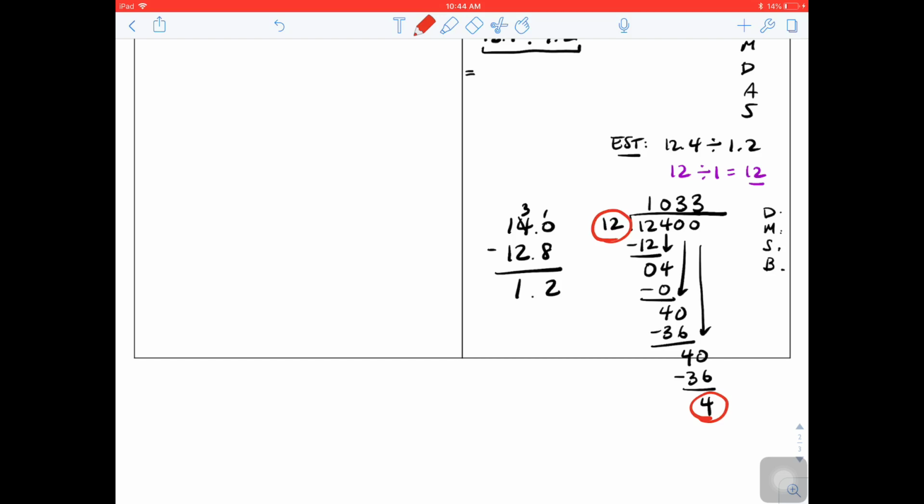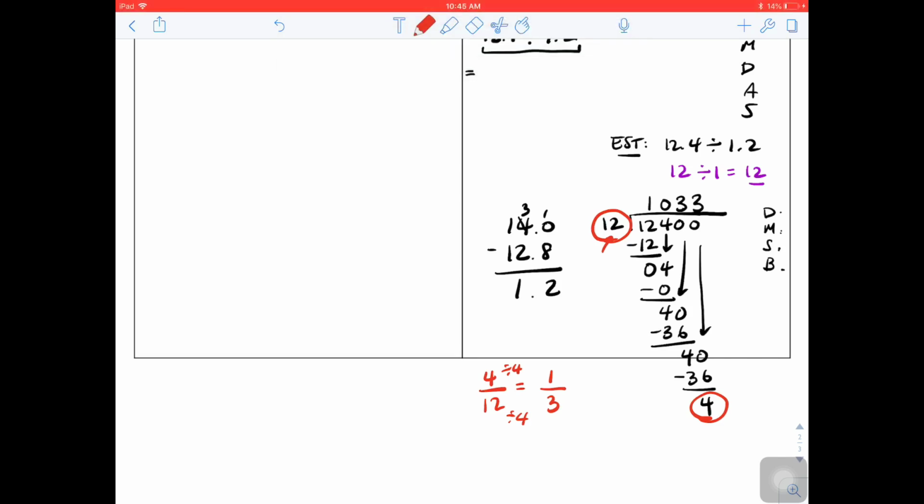But there's a way to connect this to something you previously learned. The remainder is 4, and the divisor is 12. If you reduce that to lowest terms, dividing the numerator and denominator by 4, you get 1/3.